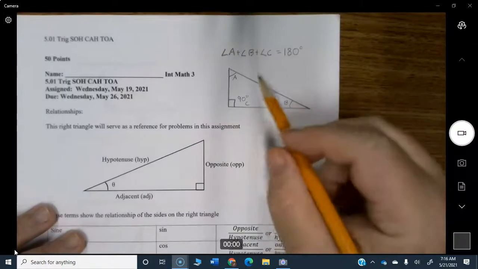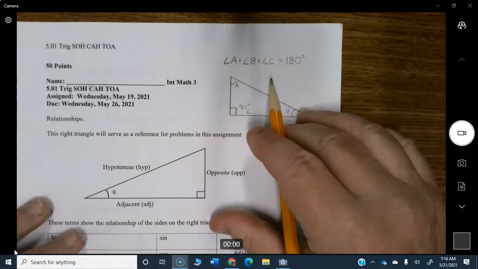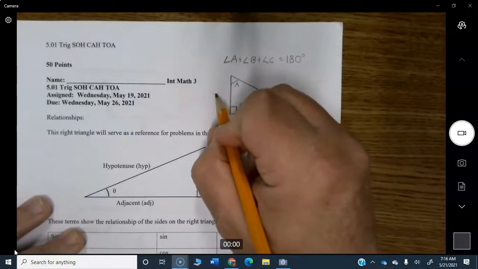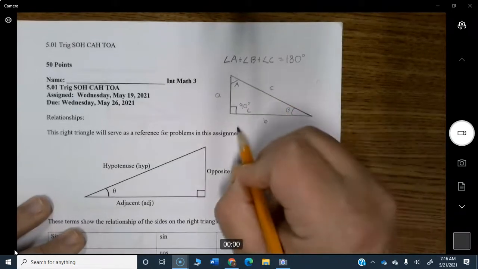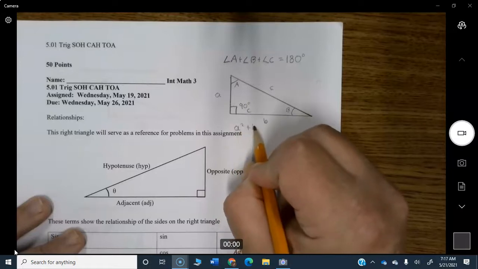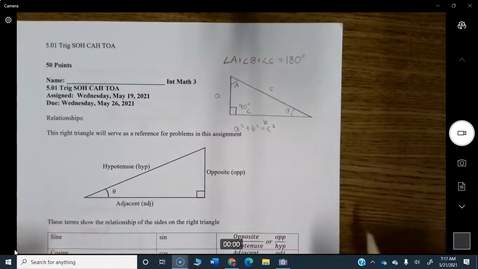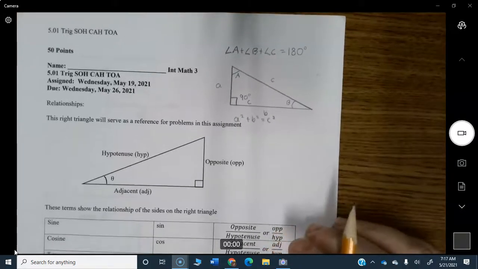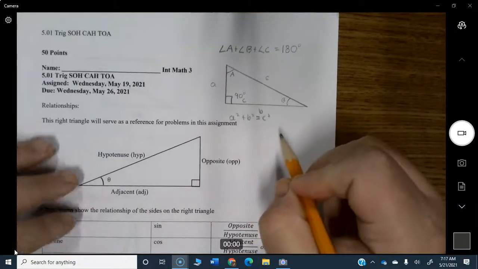Now, for a right triangle, there's a law called the Pythagorean Theorem, and it says if you label sides A, B, and C, then A squared plus B squared equals C squared. This principle was discovered many thousands of years ago by the ancient Greeks. Okay, which side is C?